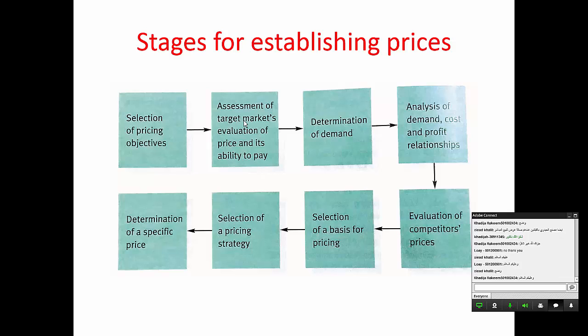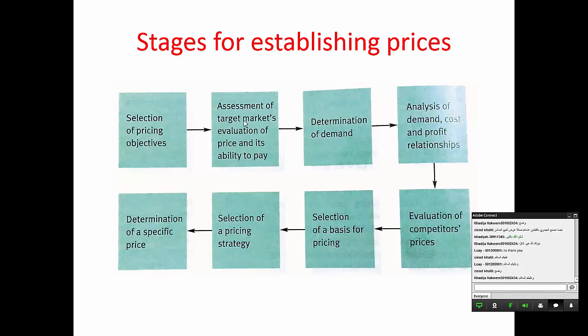For example, whether you want to price your product to increase your market share, or to have a special segment in the market, like what we said before, niche marketing. If your objective is to sell only to certain consumers, then you need to make a special price that can be afforded by those consumers.